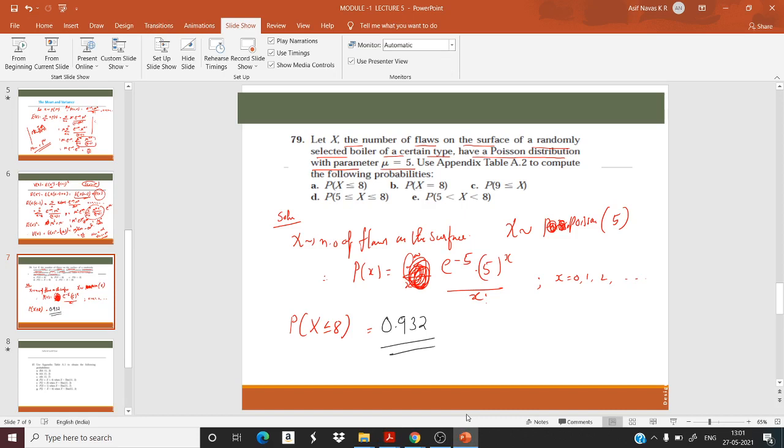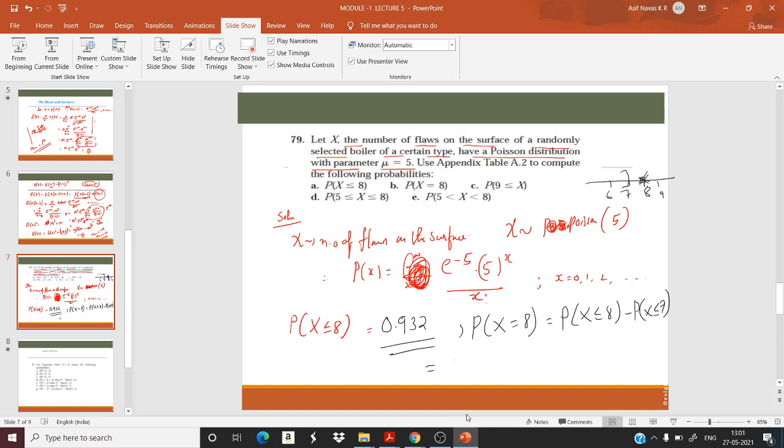Now if we want to calculate p of x equal to 8, I can write this as p of x less than or equal to 8 minus p of x less than or equal to 7.